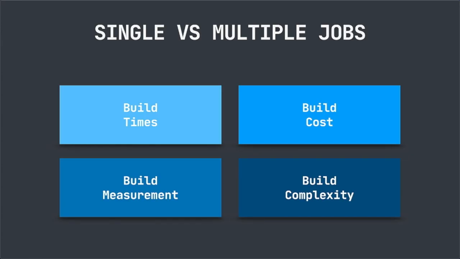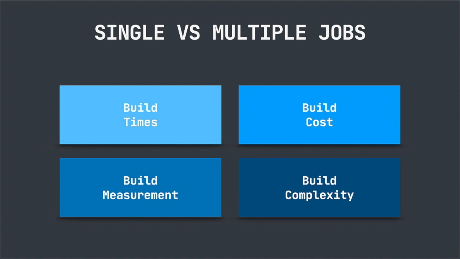Now, there are some trade-offs to think about if you're going to do multiple jobs versus a single job. So one is build times. You do want to think about whether having multiple jobs is worth it or not. If all of your build steps are quite fast, then there's probably no need to duplicate the setup and parallelize the work.